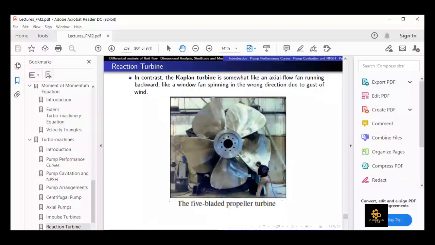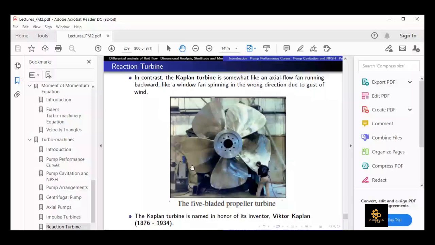It was again given the name after its inventor, Viktor Kaplan, also at the end of the 19th century. So it has also been operational for more than a century. And then there is another difference between the Kaplan turbine and the Francis turbine: the Kaplan turbine needs the minimum head, right?